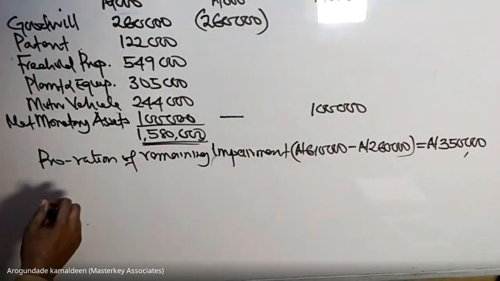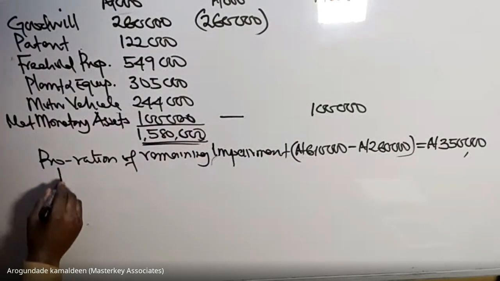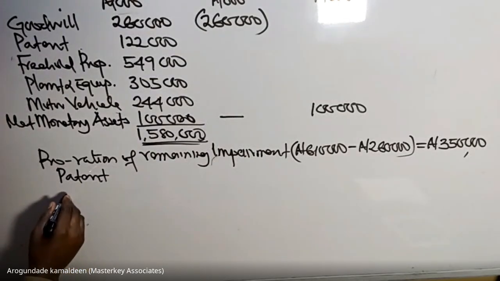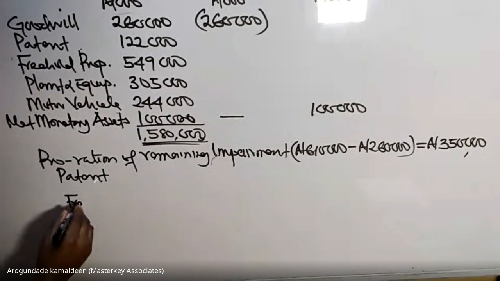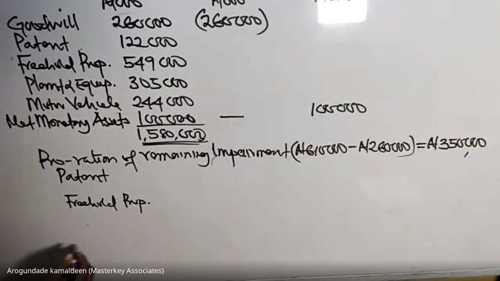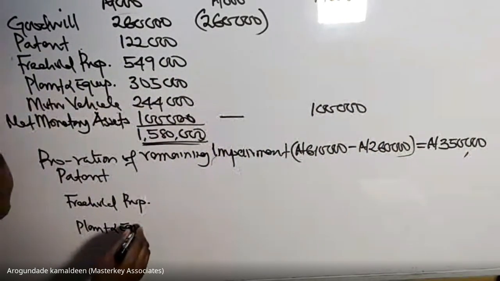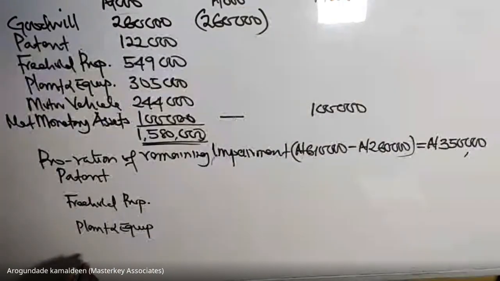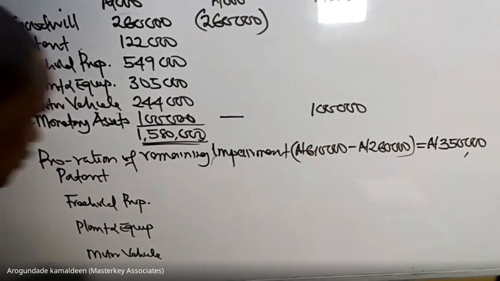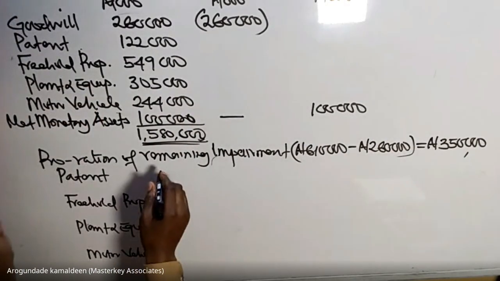So let us do it now. Here we have patent. Here we have plant. Here we have motor vehicle. So you first write their value.